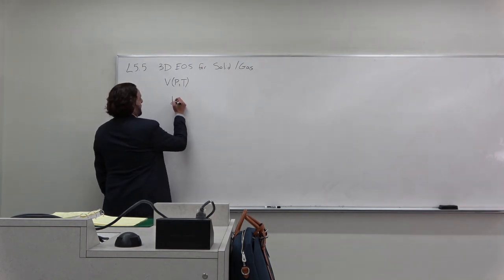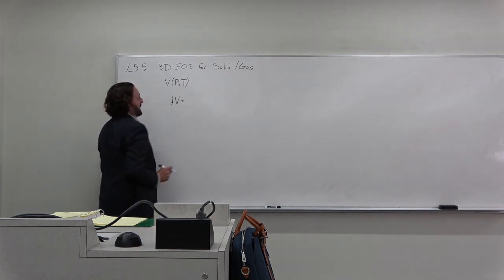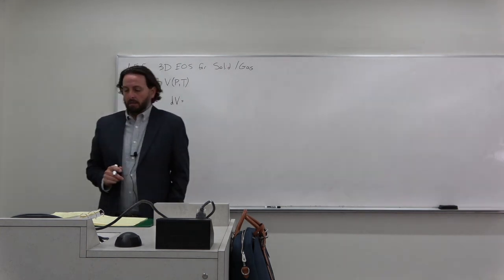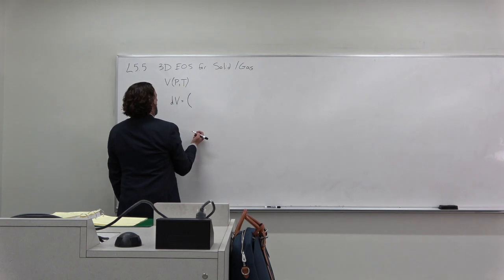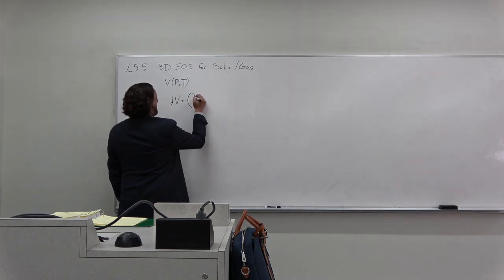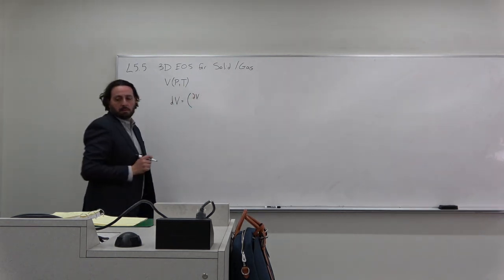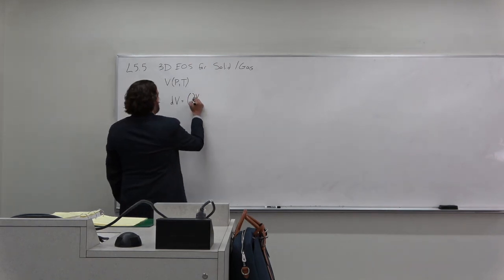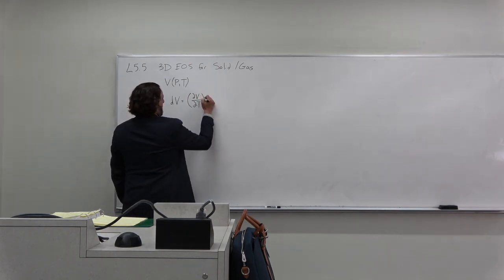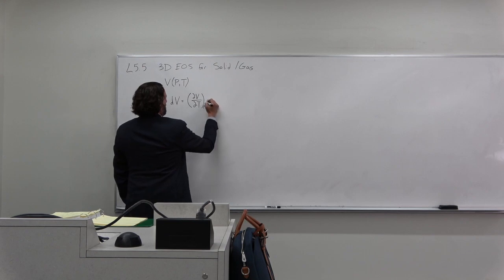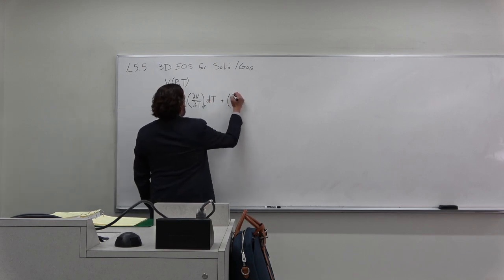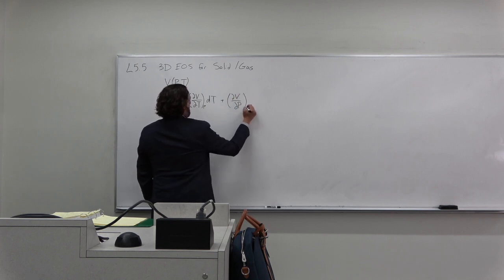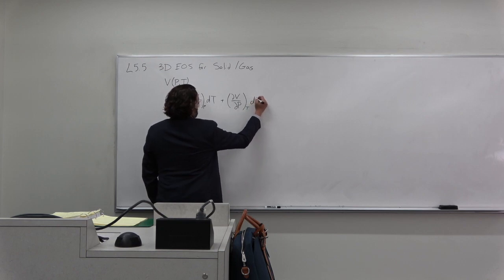And we can just simply write down the equation of state, in essence, which was partial V, partial T at constant P, dT, plus partial V, partial P at constant T, dP.